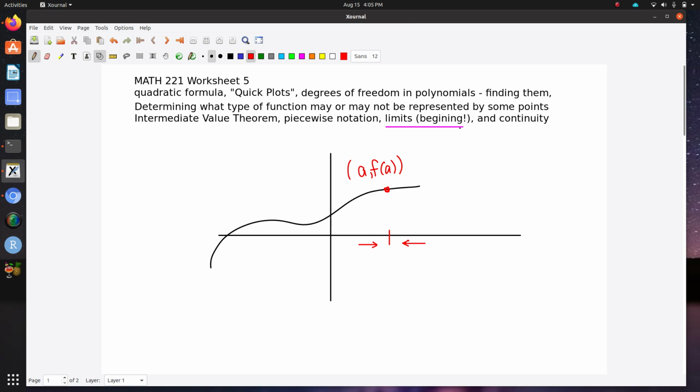And if the value of that function is the same, so the limit from the left and the limit from the right are equal and equal to f of a, if those three things are true, then we say the function is continuous at a.